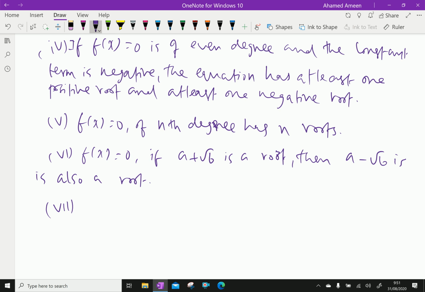Then in an equation with real coefficients, imaginary roots occur in pairs.